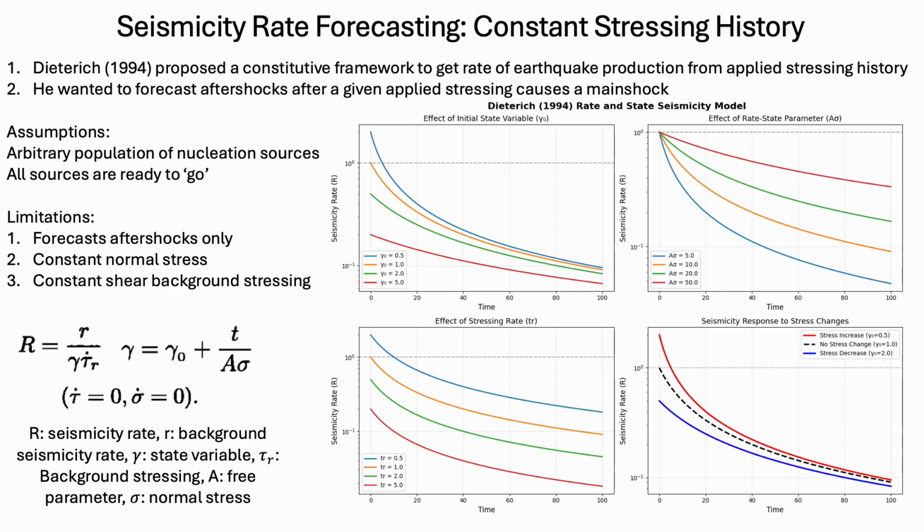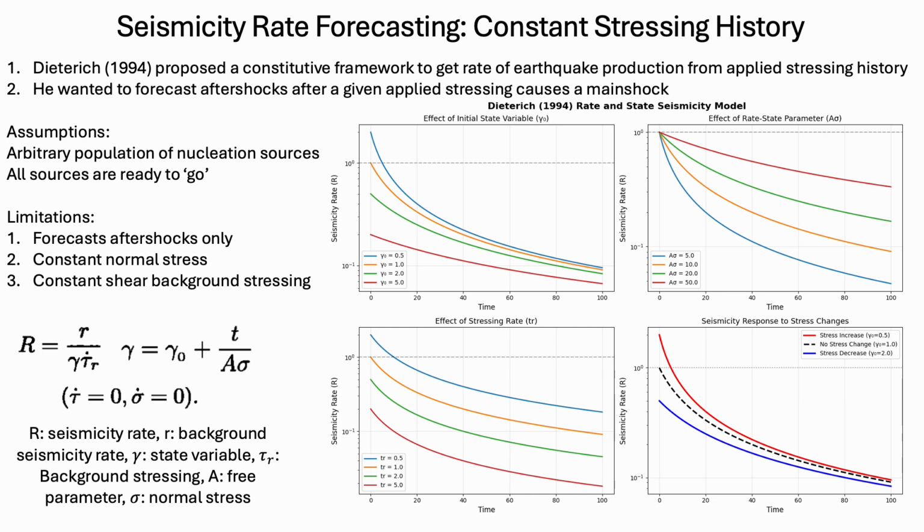We look at the effect of the stressing rate, tau r dot, and this stressing rate is basically the driving force behind seismicity. We see the impacts of different values of stressing rate and how it changes the seismicity rate.